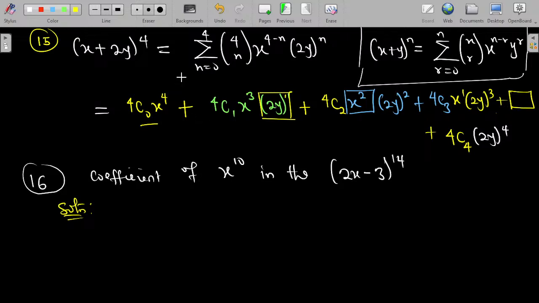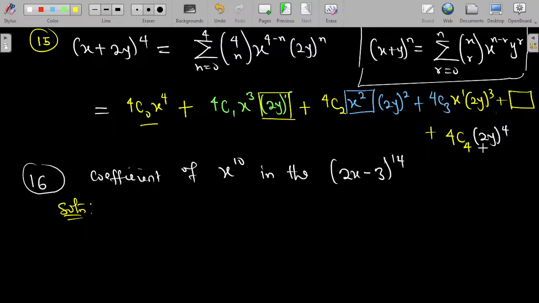So your number of terms is always 1 more than the power. If the power is 4, I'm expecting 5 terms in the expansion, and rightly you have 1, 2, 3, 4, 5.